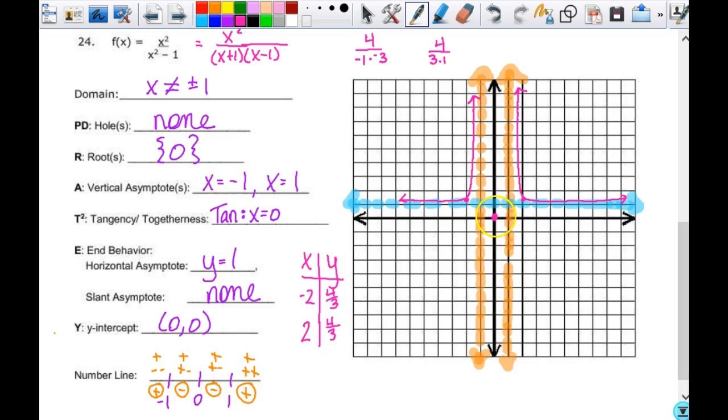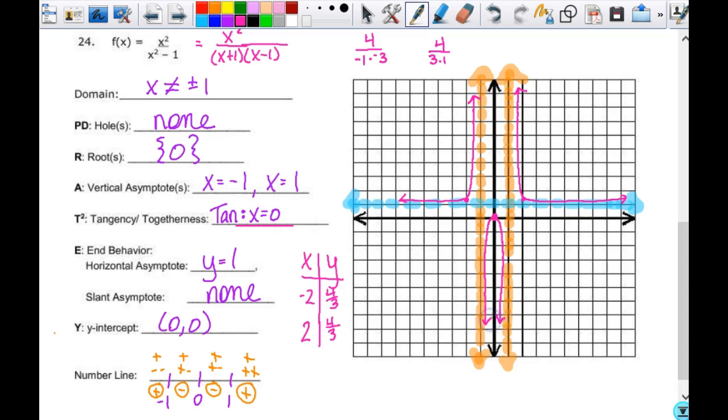I have this root at 0, but I'm negative all the rest of the time. Because there is tangency here, I'm going to have a bounce. And so I start negative. I don't have togetherness, so since I'm coming up here, I have to start from down here. I'm going to come up, and I'm going to hit that 0. It's tangent, so I bounce and come back down like this.